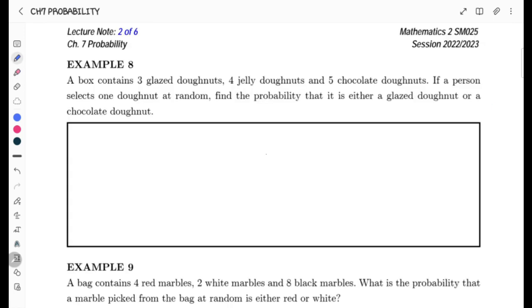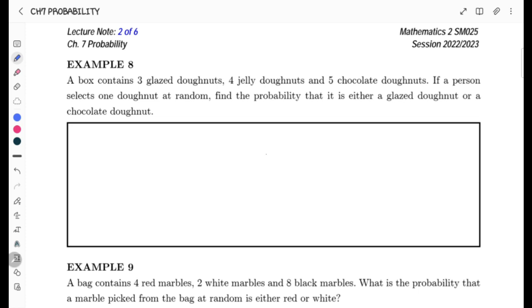Example 8. A box containing 3 glazed donuts, 4 jelly donuts and 5 chocolate donuts. If a person selects one donut at random, find the probability that it is either a glazed donut or a chocolate donut.